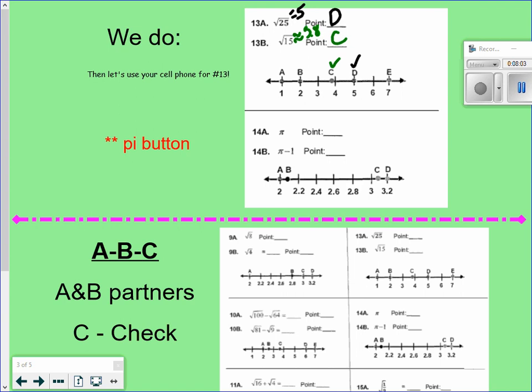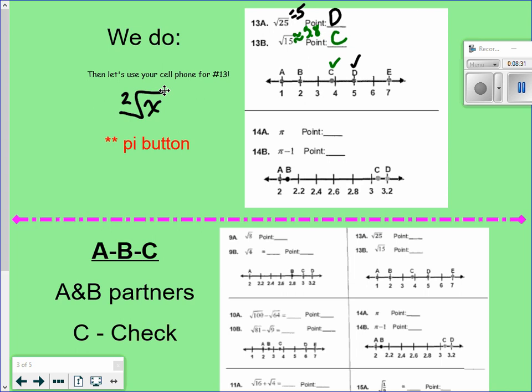Okay, so turn your calculator upside down and give about 30 seconds to get your cell phone out and open up your calculator app and pause. Okay, so turn your phone sideways if you have an iPhone. Y'all see where the square root symbol looks like there?